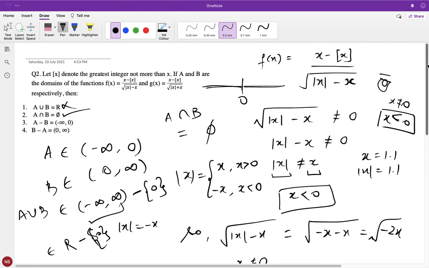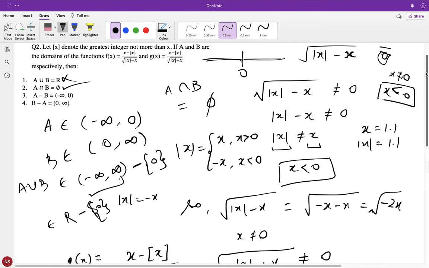Now here is the problem with this question as well. The options are such that A minus B is given as minus infinity to 0. This is also a correct option, and B minus A is 0 to infinity is also a correct option. And why is that?